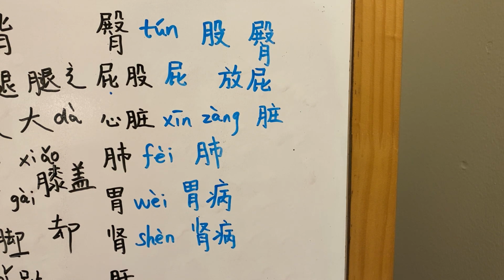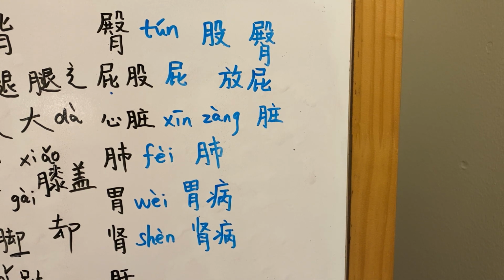But in Chinese culture, if you say that you have a bad kidney, it means that you are impotent. Something like that. If you say 我的肾不好, my kidney is not very good, it usually implies that you are impotent. Basically, for male, 肾.